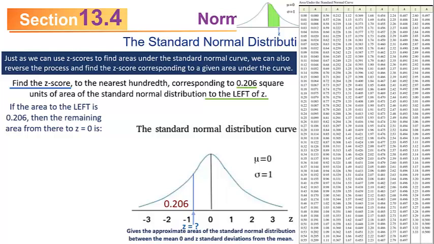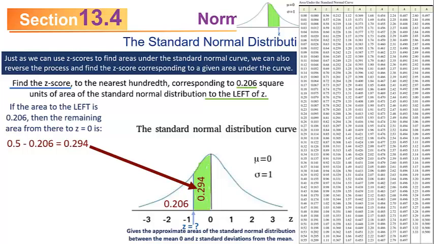Well, that's easy. We know by symmetry that half the area is to the left of 0, so all we need to do is subtract, and if we take 0.5 minus 0.206, we'll find out that the remaining area from that z value to 0 has to be 0.294.